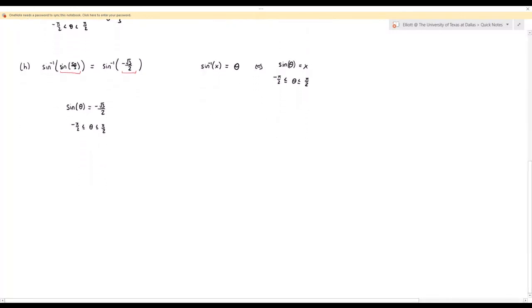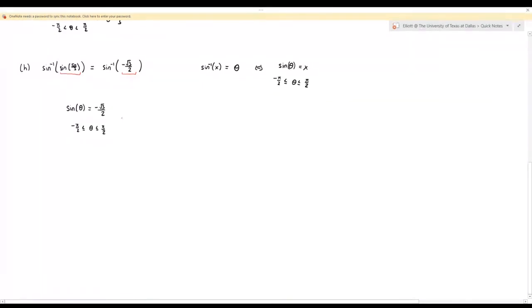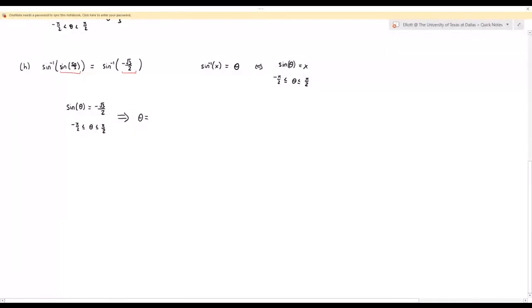Now I know that sine is going to be equal to root 3 over 2 at the pi over 3 angle.